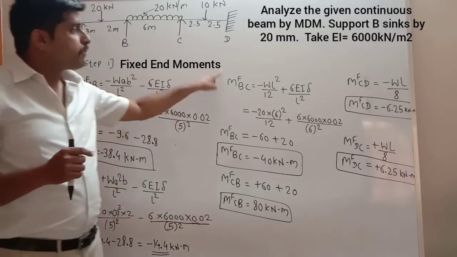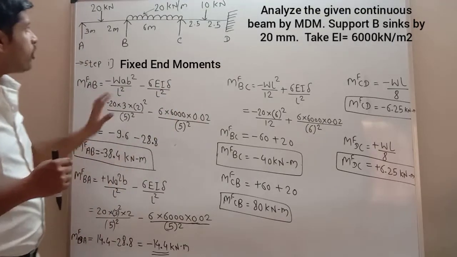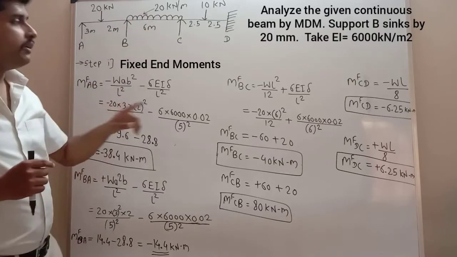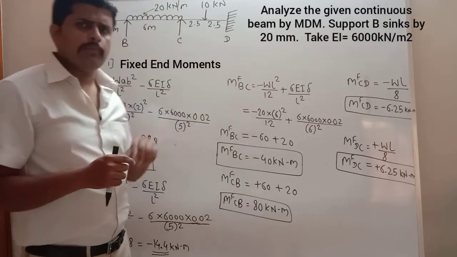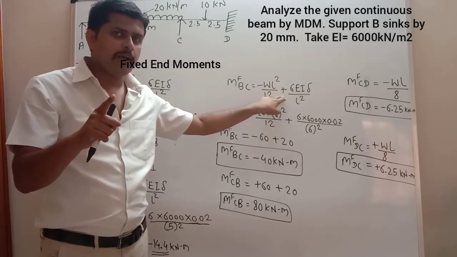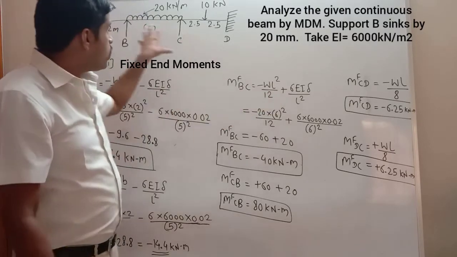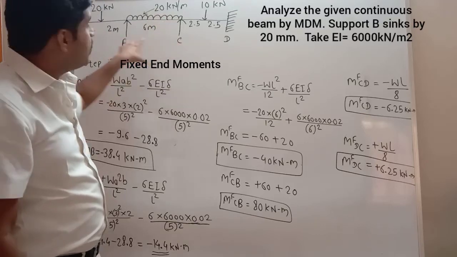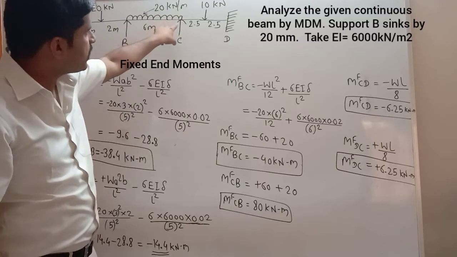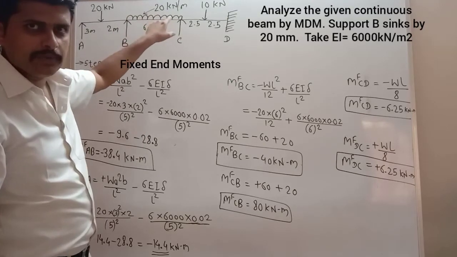Now consider span BC. For span BC, the fixed moment due to UDL will be minus WL square by 12, and here is plus 6 EI delta upon L square. Why? Because for span BC, the left hand support settles with respect to the right hand support.